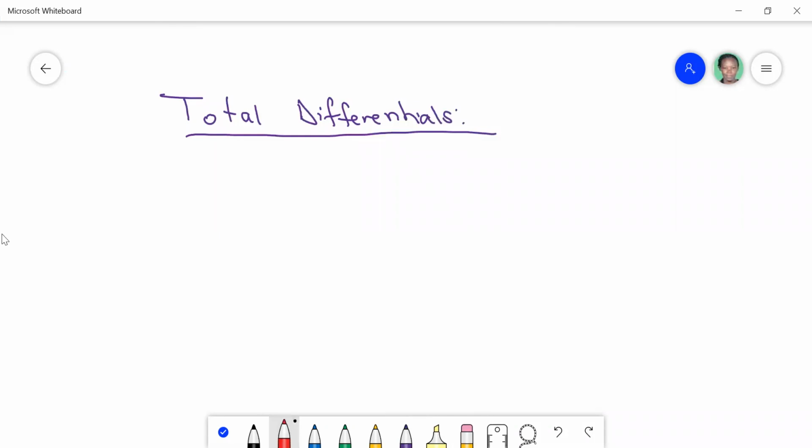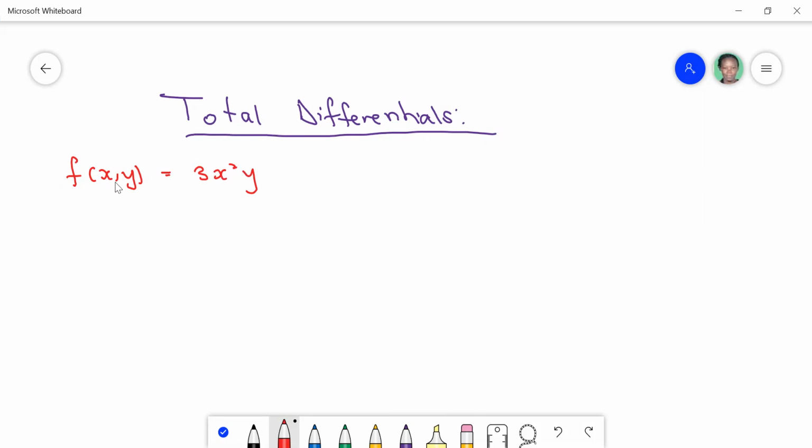So we start from just a simple example. If I have a function f(x, y) equal to 3x²y, and you are asked to find the total differential for this function.